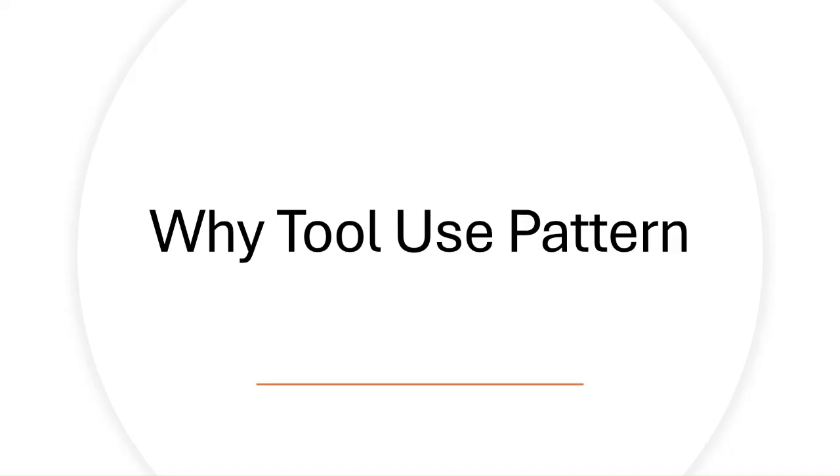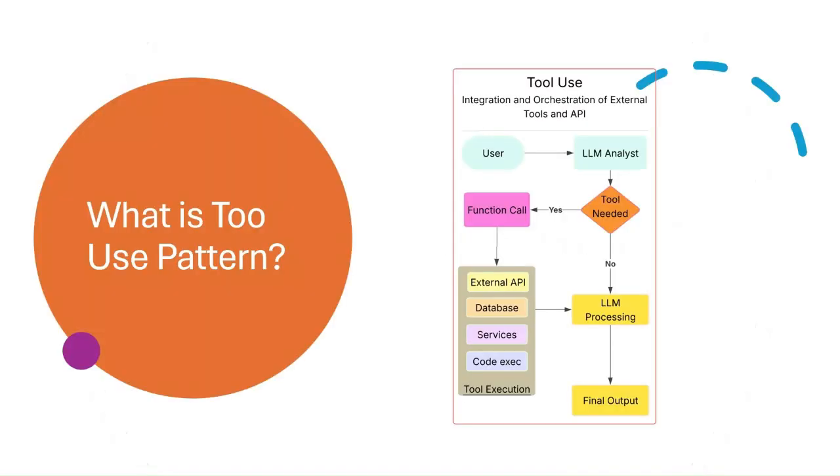These tools can be anything from functions and APIs to databases, knowledge bases, or even other specialized AI agents. This transforms an AI agent from a system that simply provides answers into one that can actively gather information, make decisions, and execute real world tasks. In short, the tool use pattern enables AI agents to orchestrate a wide ecosystem of digital tools, making them smarter, more capable, and far more useful in real world applications.